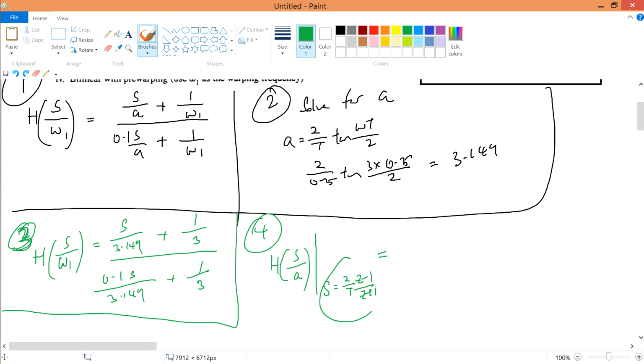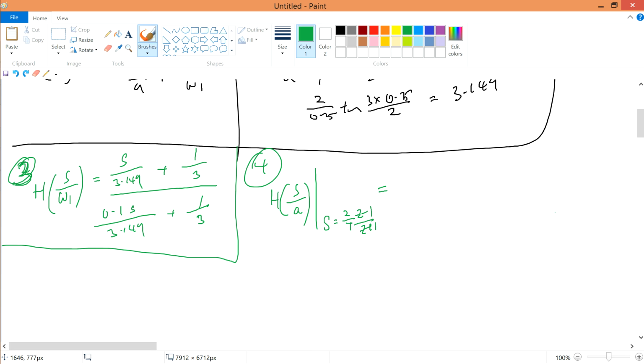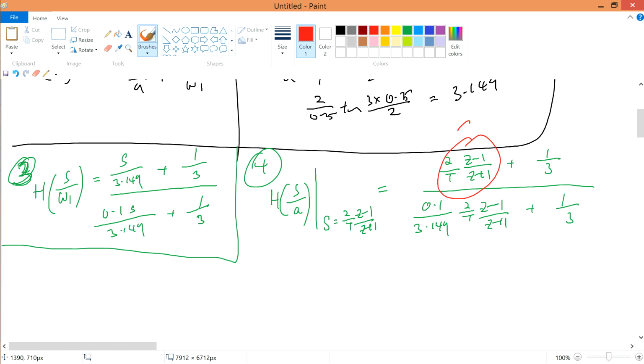Over here, this tells you that you need to sub in S equals to this, which is your trapezoidal. So over here we sub in our S as trapezoidal. This one over here is your S, and this one over here is your S. So it's 0.1S over here, your 0.1S divided by 3.149.